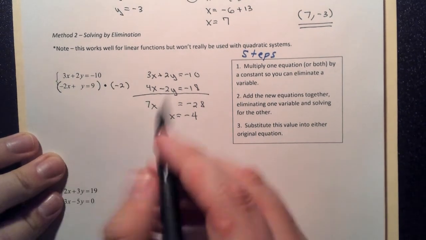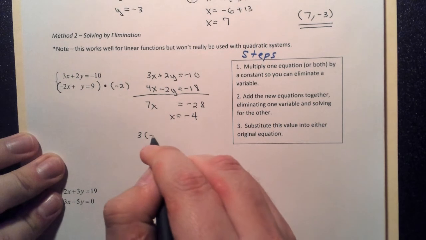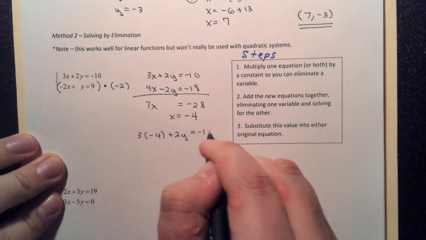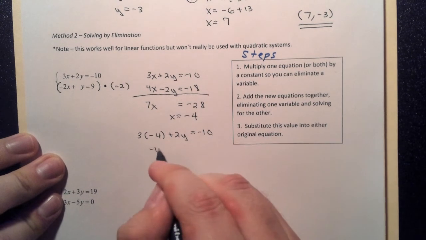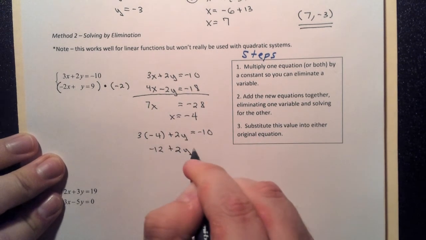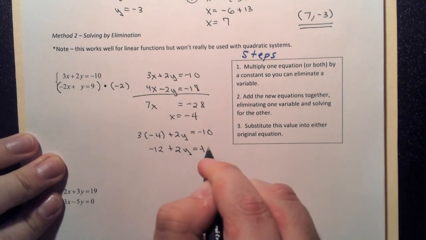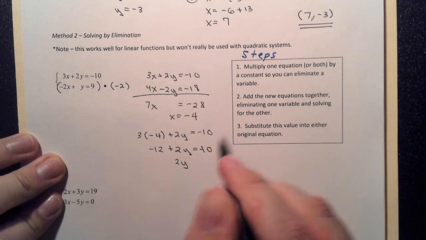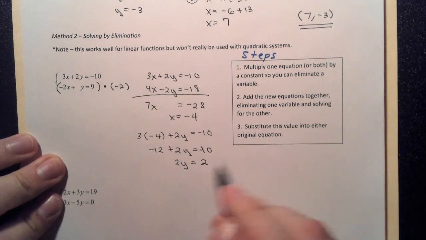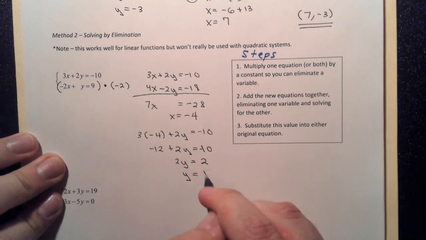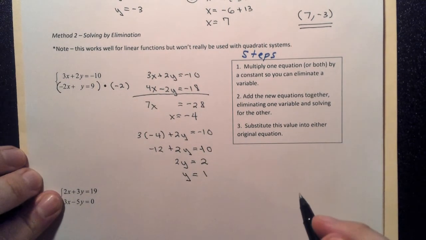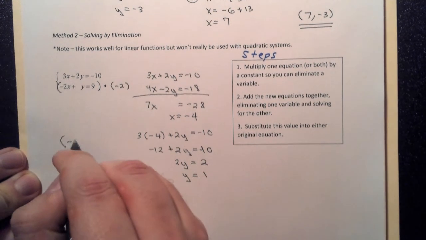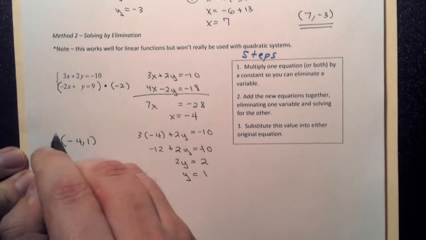If I went to the first equation, I have negative 12 plus 2y equals negative 10. If I add 12 to both sides, 2y equals 2 and y is equal to 1. So finally I write my solution as an ordered pair, negative 4, 1.